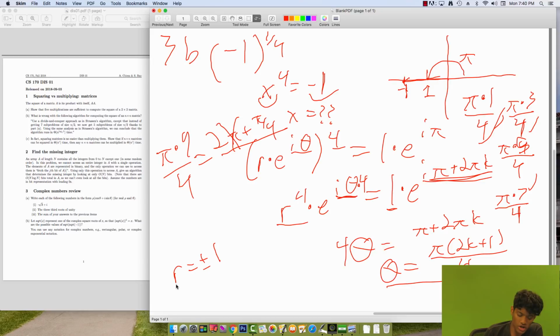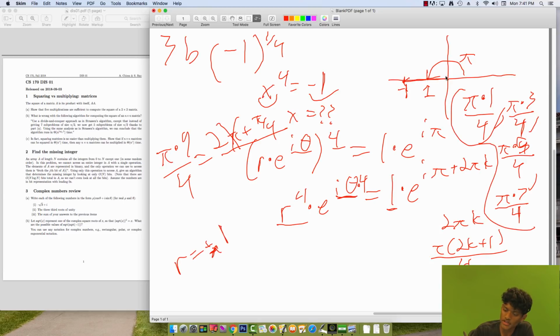But also notice over here we found that r could be either negative 1 or 1. So we have to ask ourselves, does this matter? If r is a magnitude, does the positiveness or negativeness of this matter? Because if you imagine taking a number and inverting its magnitude this way, all you're doing is providing a rotation by pi.